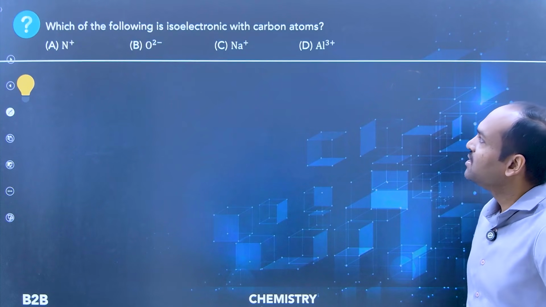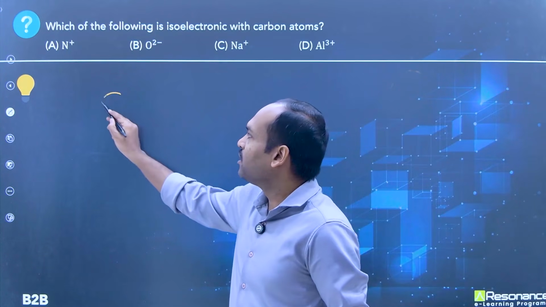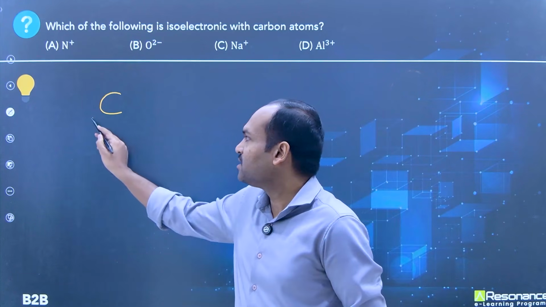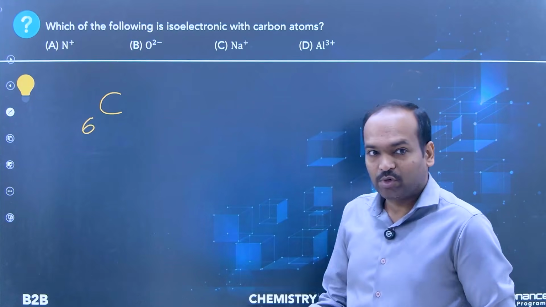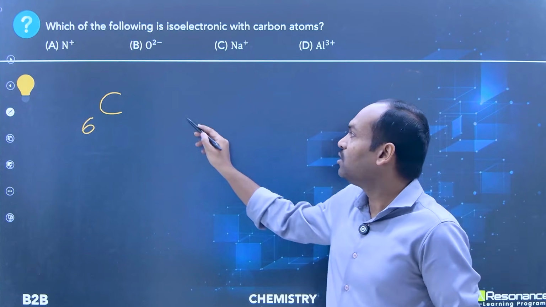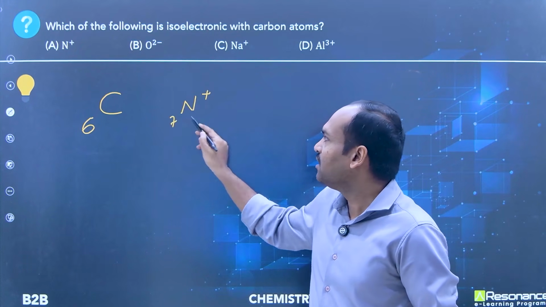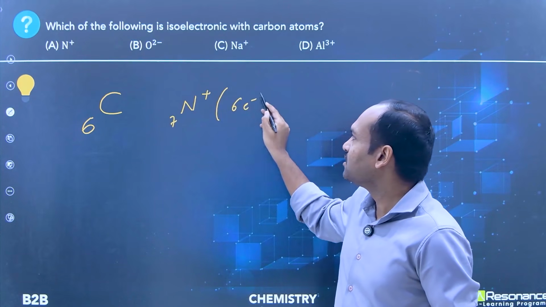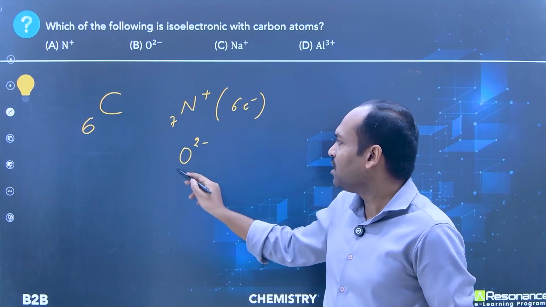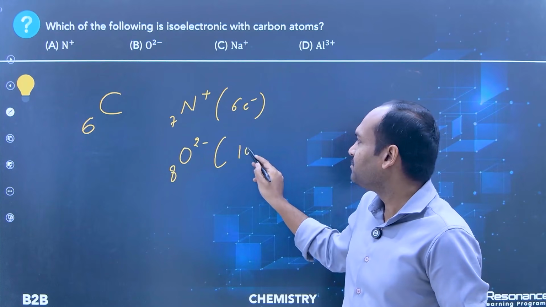Next, which of the following is isoelectronic with carbon atom? What is the atomic number of carbon, beta? Atomic number of carbon is 6. Now we have to check isoelectronic. Isoelectronic means same number of electrons. So the first option, nitrogen plus, nitrogen atomic number is 7, so electrons will be 6. Oxygen O2 minus, oxygen atomic number is 8, electrons will be 8 plus 2, 10.